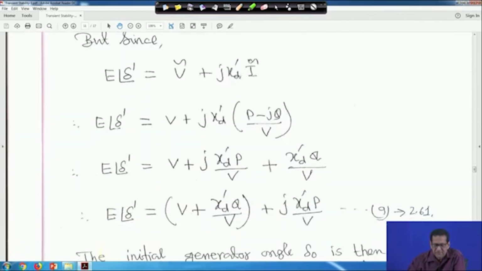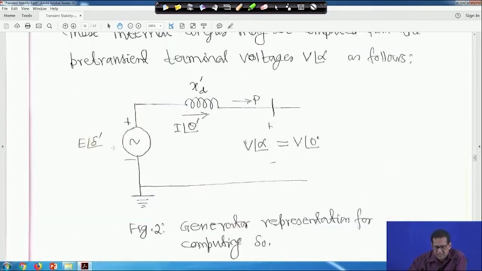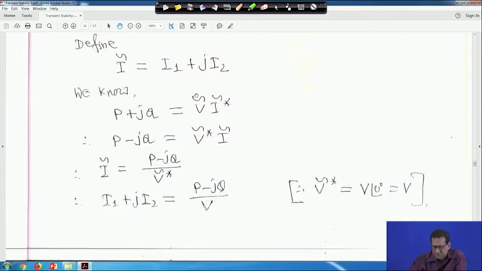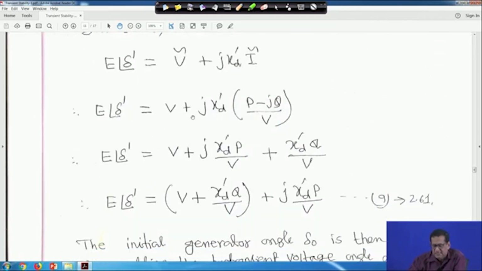Now, since E angle delta dash is equal to V tilde plus jXd dash I tilde, here also we are writing the same thing: E angle delta dash is equal to V plus jXd dash, and substitute what we have got just now, that I tilde is equal to P minus jQ upon V, right.